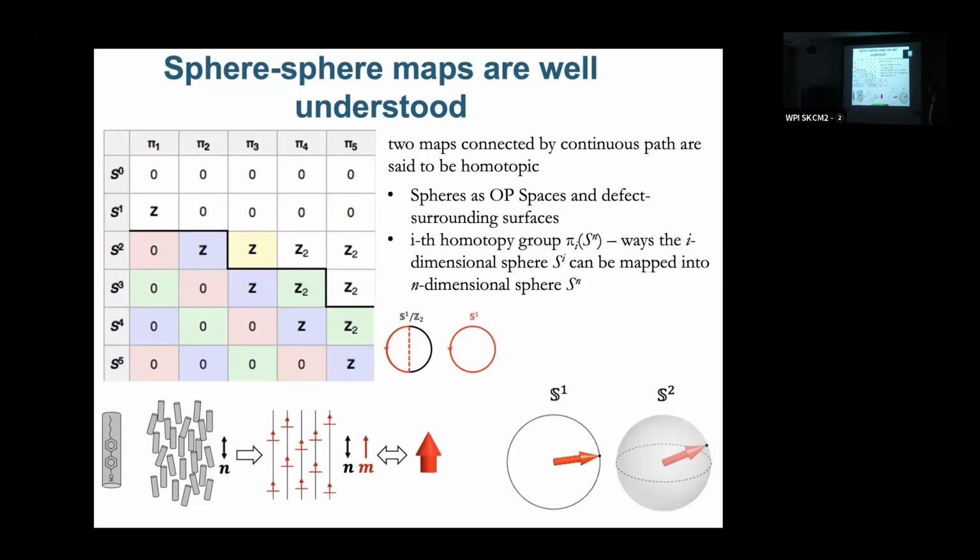So the physical systems like liquid crystals, colloidal systems, spin configurations, and magnets can all be described by such order parameter spaces that somehow uniquely characterize them.